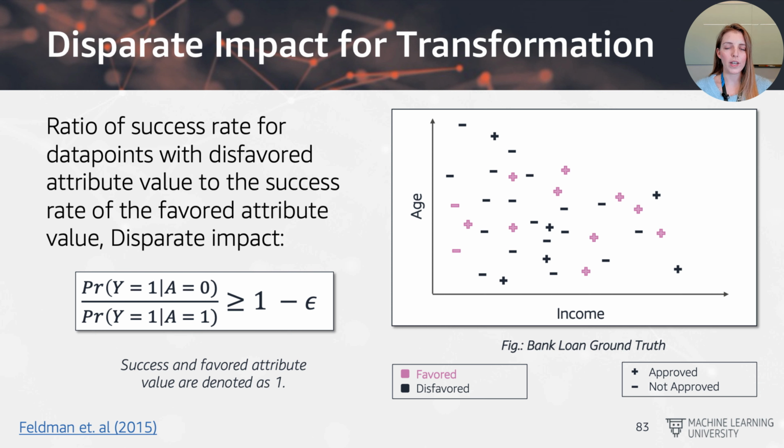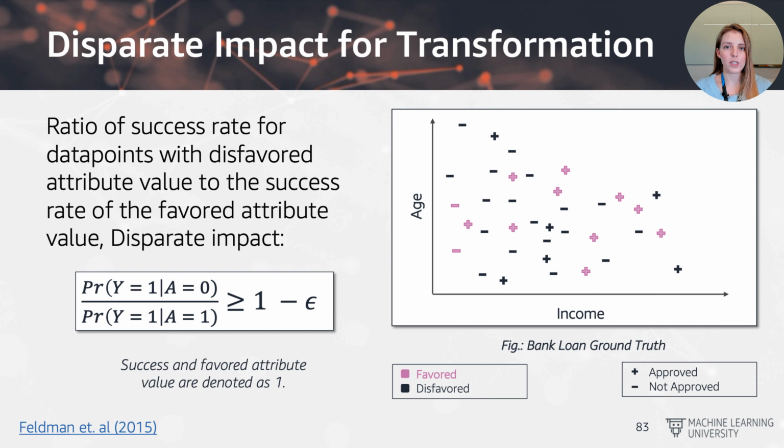We've now also overlaid 2 different groups. There's one group that is favored and the other group that is disfavored. We could quantify which group is favored and disfavored by looking at the rates of positive outcomes and comparing them using some of the pre-training measures that we already encountered in an earlier section.